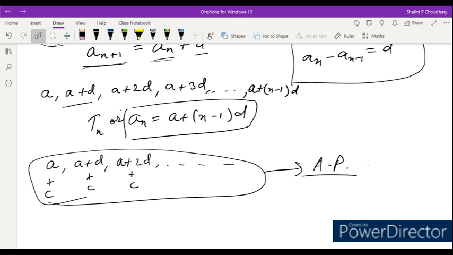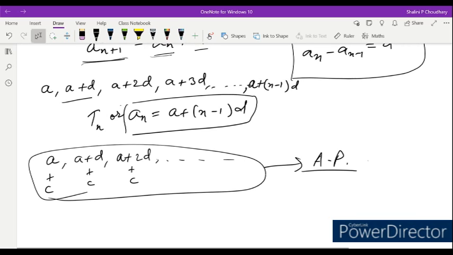If we have a, a plus d, a plus 2d, or any such AP sequence, and we are adding c to each term, then this sequence will also be in AP. Similarly, if a constant is subtracted from each term of an AP, the resulting sequence will also be an AP.